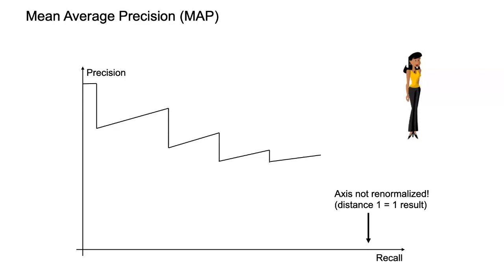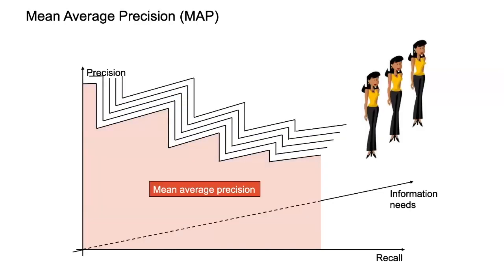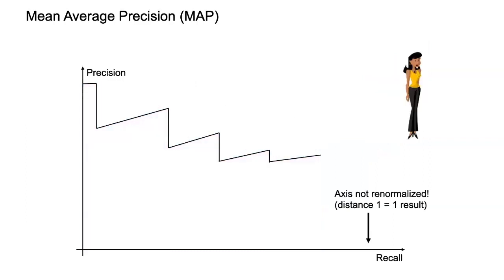In order to compute a metric, we typically don't do it only on a single query, but we do it on many queries, right? You have plenty of queries, you draw plenty of curves, and on every query, you compute the average precision. You can do it all the way to 100%, or you could also say, okay, now I stop at 50%, I stop at 10% of recall, right?